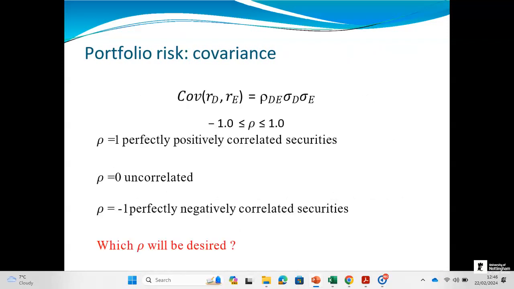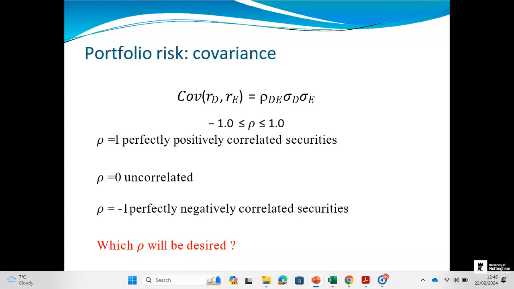We know that correlation has a range from -1 to +1. -1 means perfectly negatively correlated, 0 means the two assets are uncorrelated, and +1 means the two assets are perfectly correlated. So which correlation would be desired? You should know the answer to this. Which correlation would you prefer in your stocks?